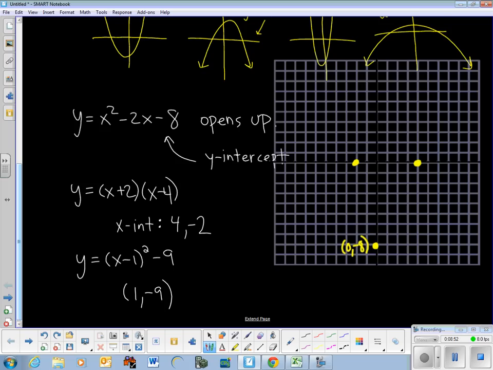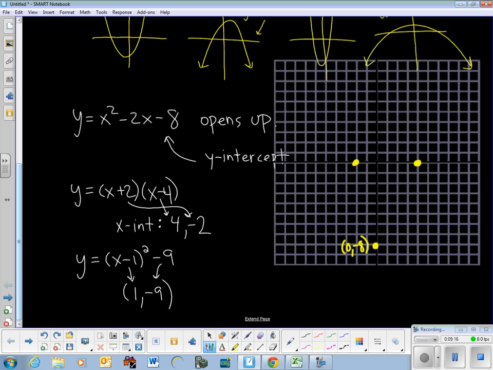Now, remember how this 2, we took the opposite, got -2? This -4 is +4, we took the opposite of those. The same thing goes with this x minus 1 in parentheses. X minus 1 gives me the x coordinate, and it's the opposite of the -1, it's +1. The -9 is not in those parentheses, and what that does is it makes it just stay the same.